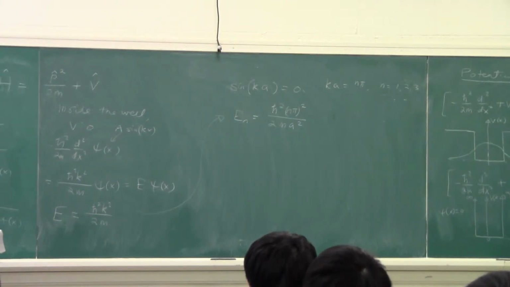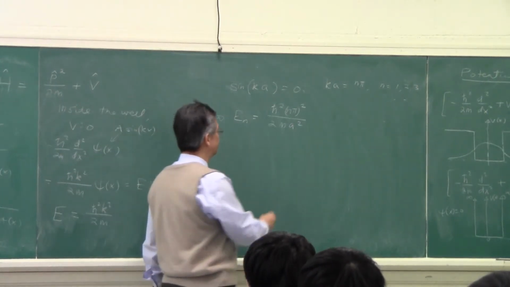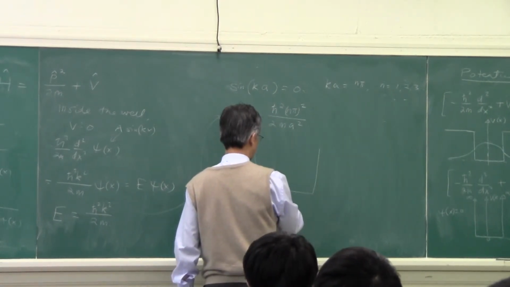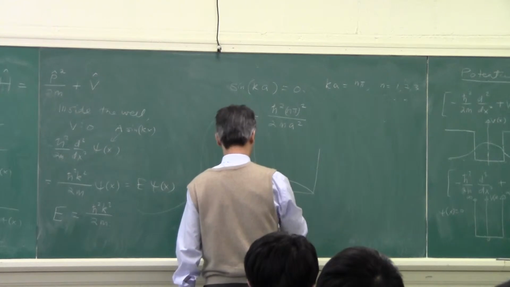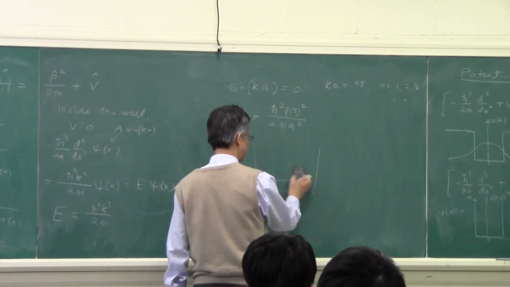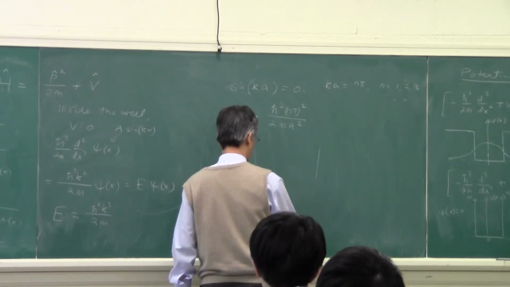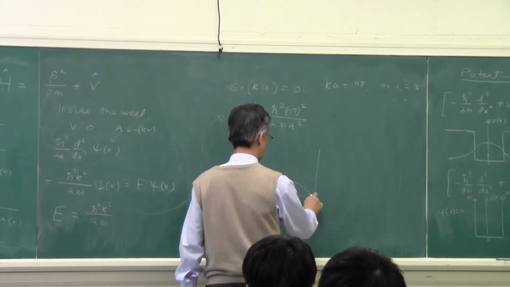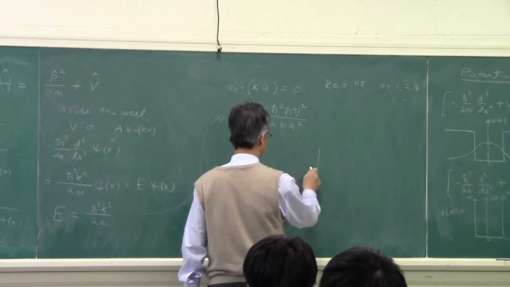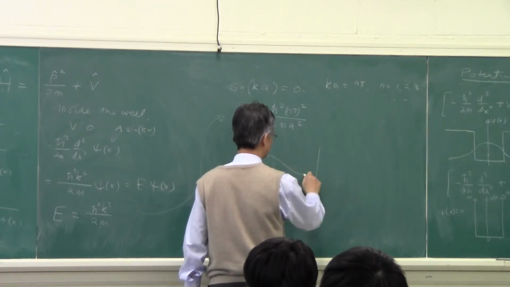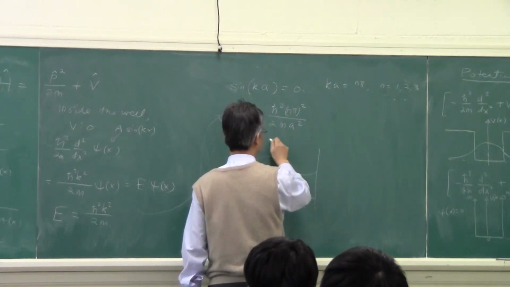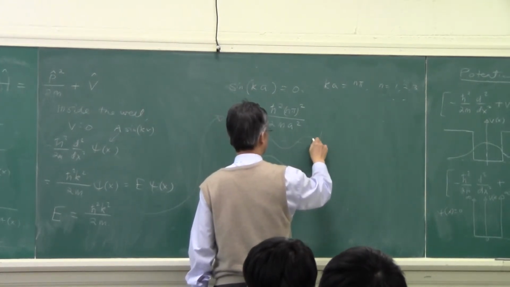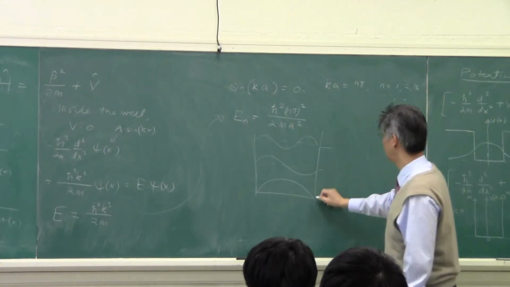So you can find that the fundamental mode, the lowest order mode, looks something like this, which is a sine wave function. The second one will look something like this. The third one will look something like that. And you can associate the E value with each of them.